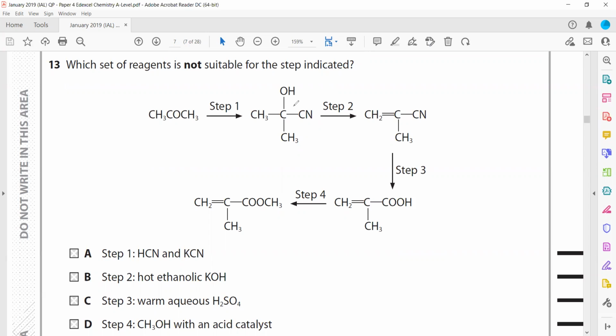So step 1, HCN plus KCN, that is true, step 1 is correct. Step 2, hot ethanolic potassium hydroxide. So if we use potassium hydroxide KOH, an elimination reaction occurs.